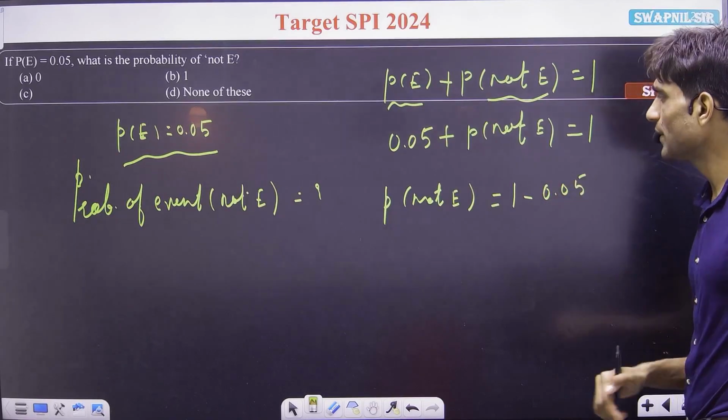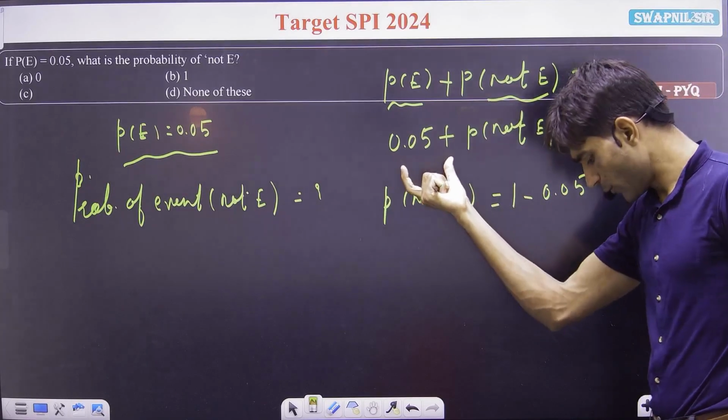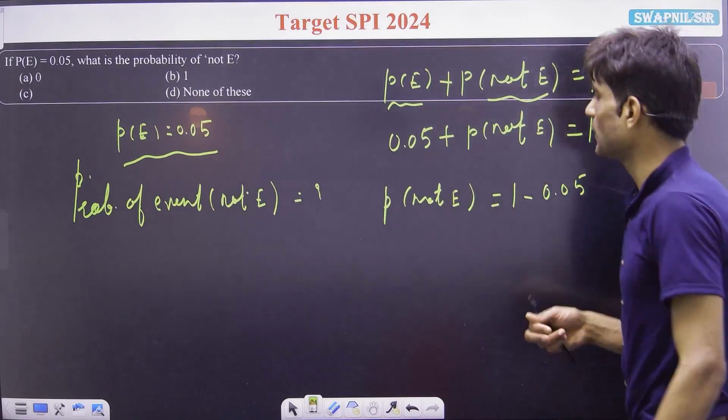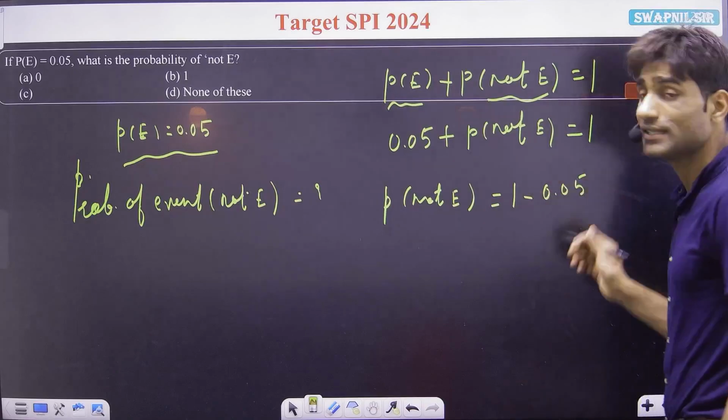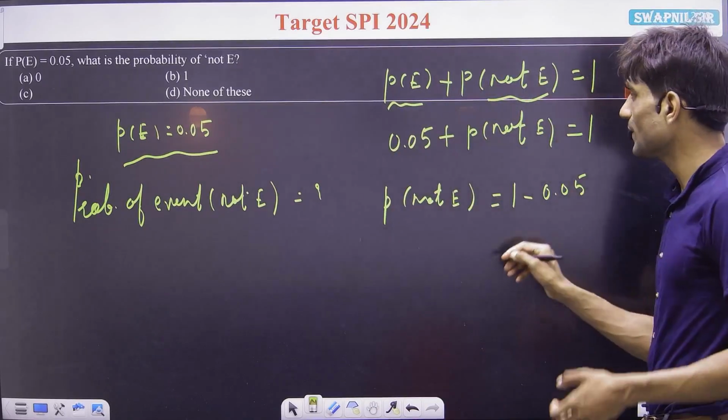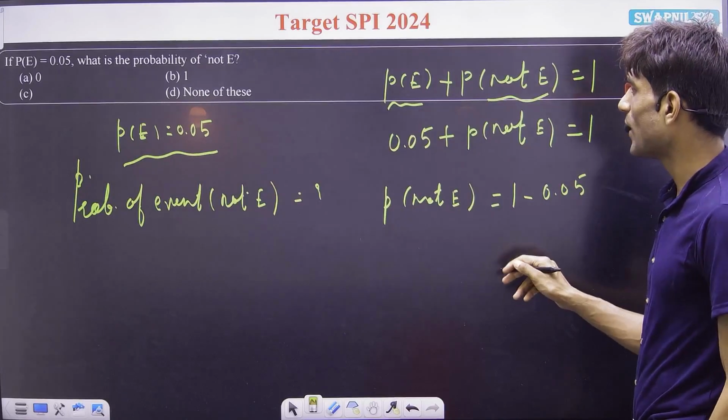What I have done here is take 0.05 to the other side, which gives us the negative value, and then 1 minus 0.05.